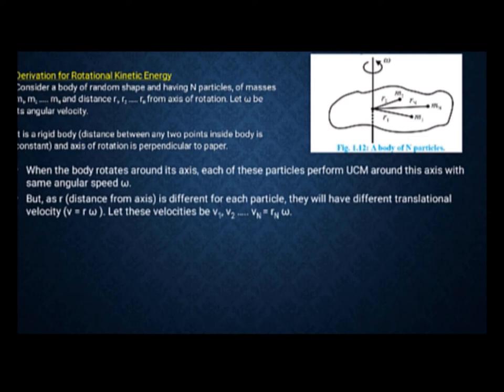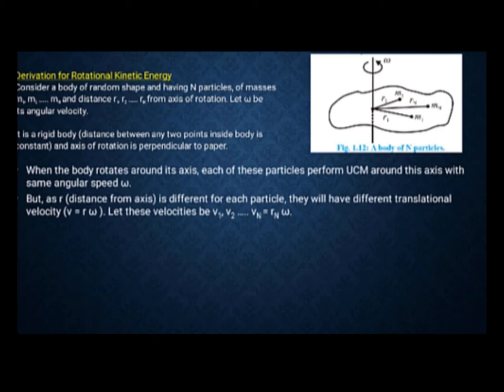It is a rigid body, meaning the distance between any two points inside the body is constant and will not change, and the axis of rotation is perpendicular to the paper. When the body rotates around its axis, each of these particles performs uniform circular motion around this axis with the same angular speed omega.